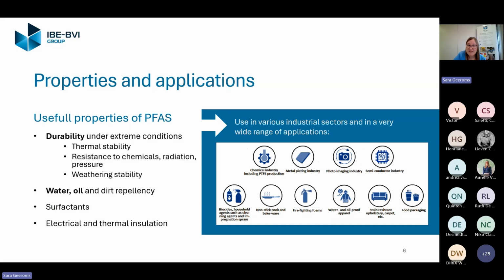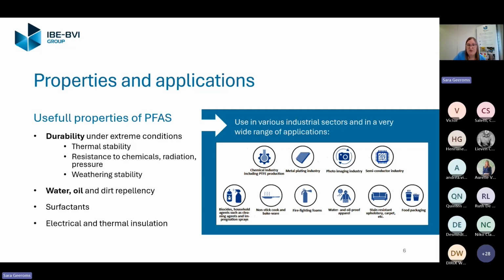Now to the properties. As I said before, the stable carbon-fluorine bonds of the molecule lead to useful properties from a technical point of view. Some of these properties are durability under extreme conditions, thermal stability, and resistance to chemicals, radiation, and pressure.